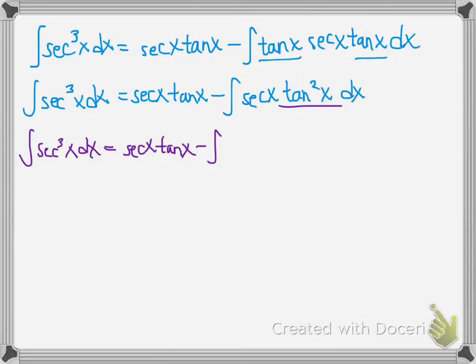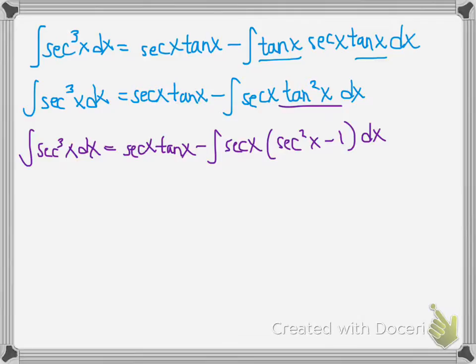So we have the integration of secant cubed x dx equals secant x tangent x minus the integration of secant x times secant squared x minus 1 dx.